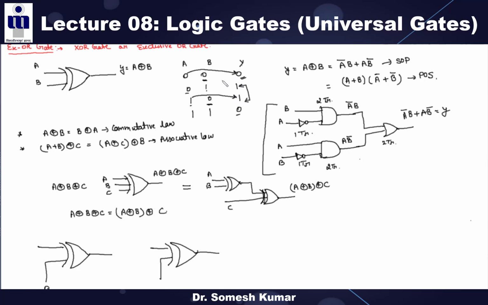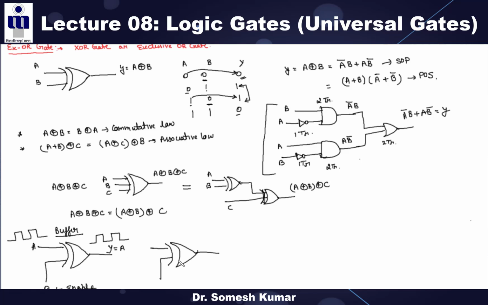What does it mean? Whatever is at the second input, that will be propagated to the output. So the 0 is your enable control, right? In that case it acts as your buffer. If the control input is 0, then it acts as your buffer, meaning this A is input and the output is also A.